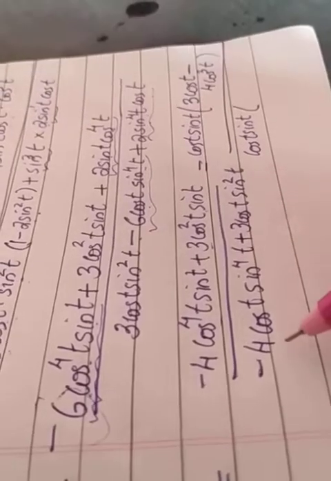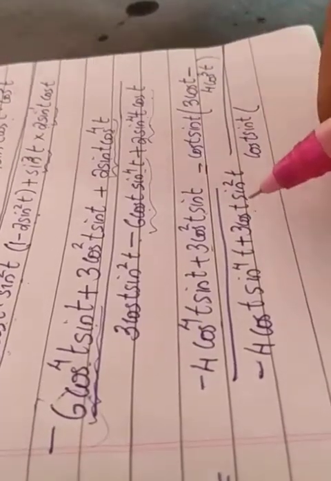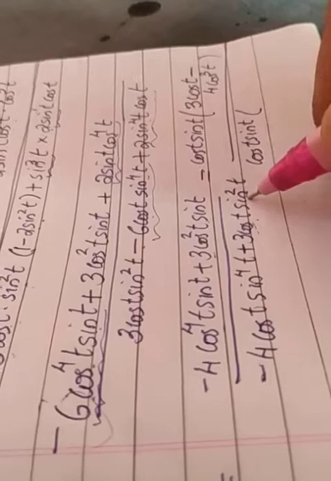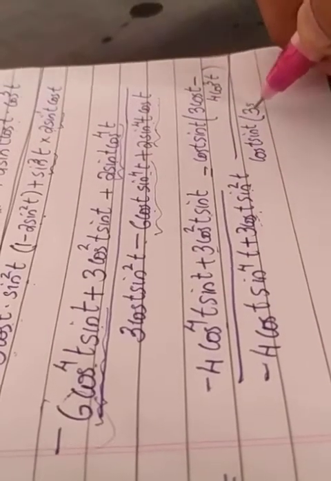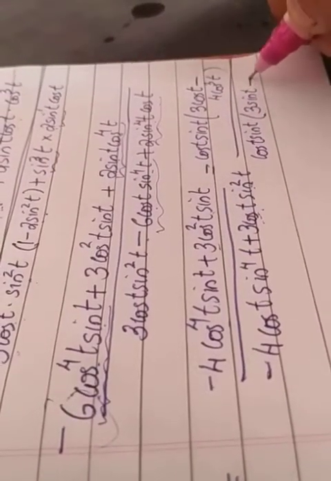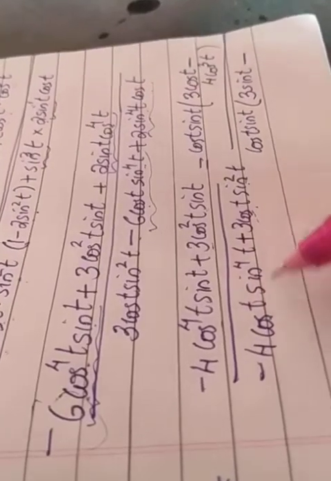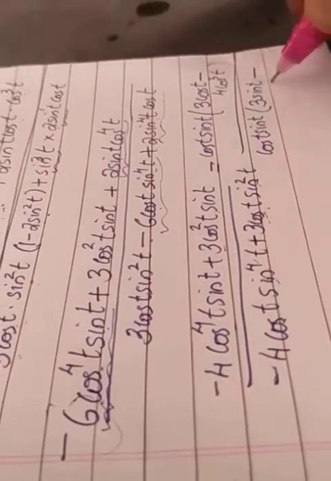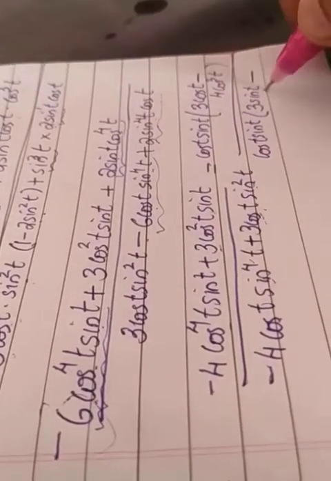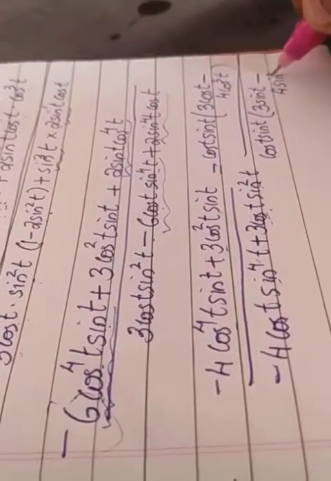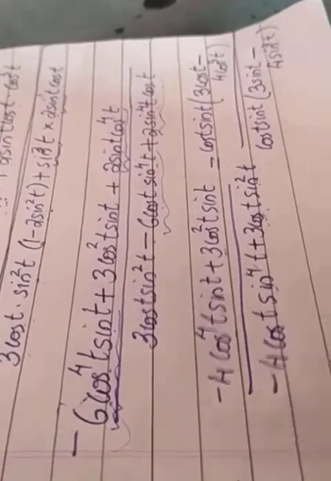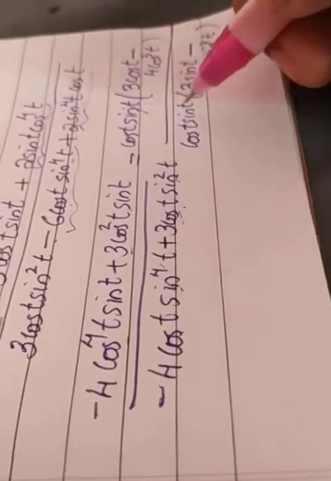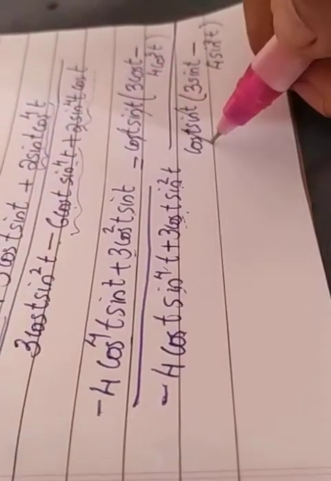So what about this term? Positive term we will write first. So here I took cos t sin t outside. So the balance is 3 sin t minus, from here cos t came outside, sin raised to 4t is there. 3 sin t's came outside, so the balance is, 1 sin t came outside, so the balance is 4 sin cube t. So again what we can do, cos t sin t get cancelled.